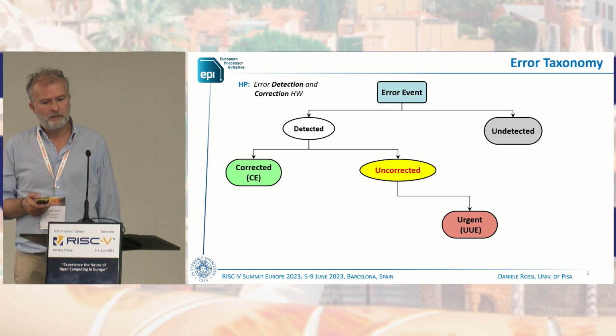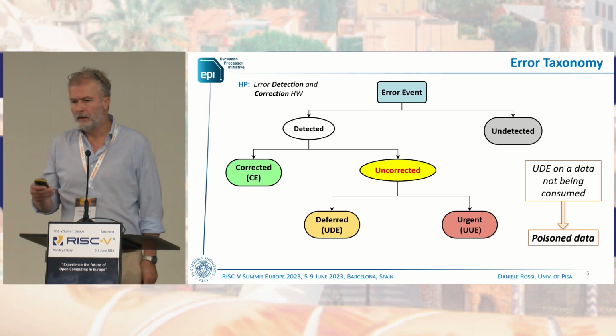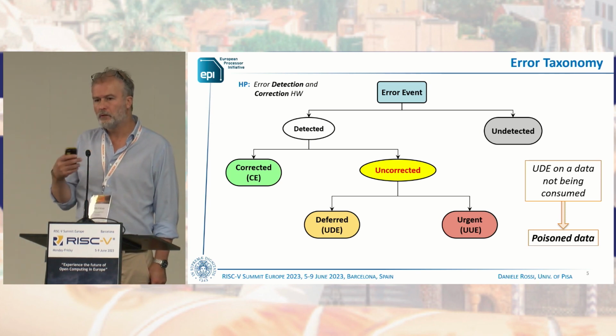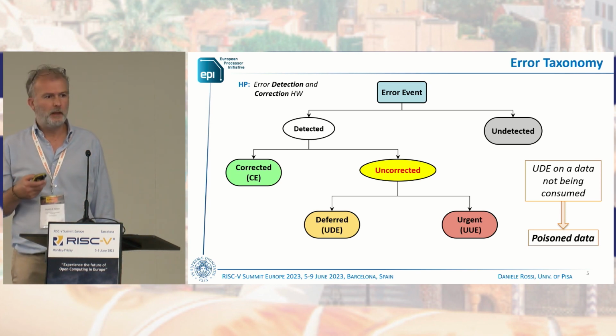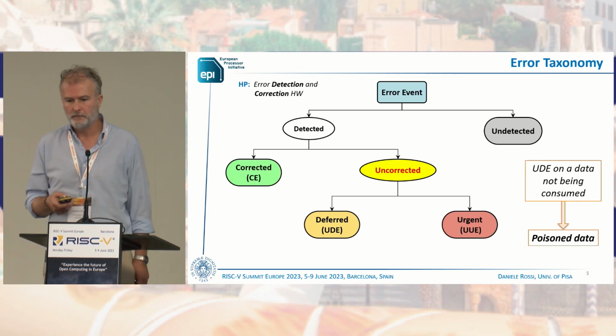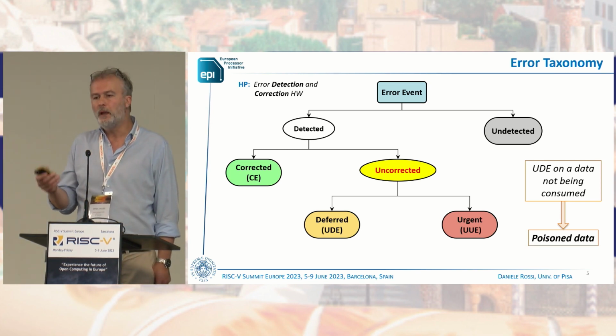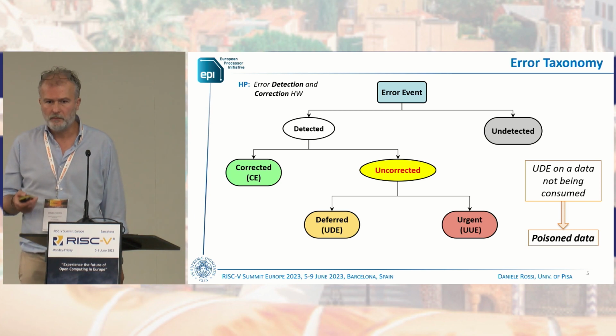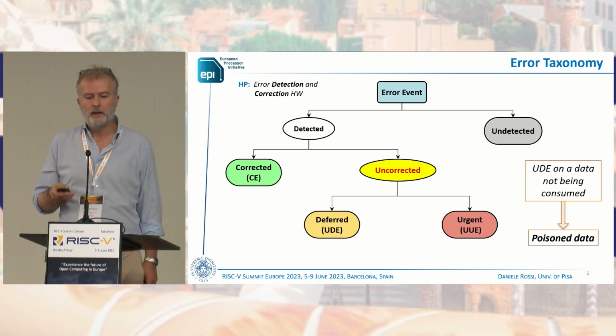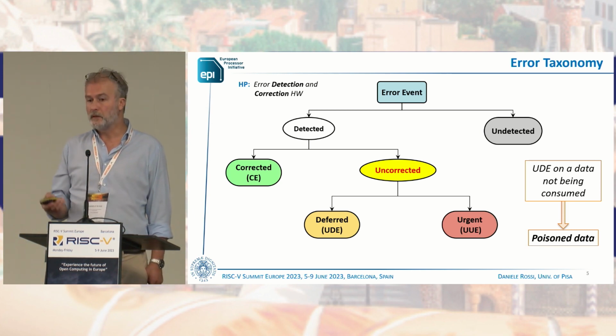But if errors affect a bunch of data that are not going to be consumed by the system immediately, we don't need to handle these kinds of events immediately, so we can classify these errors as deferred.